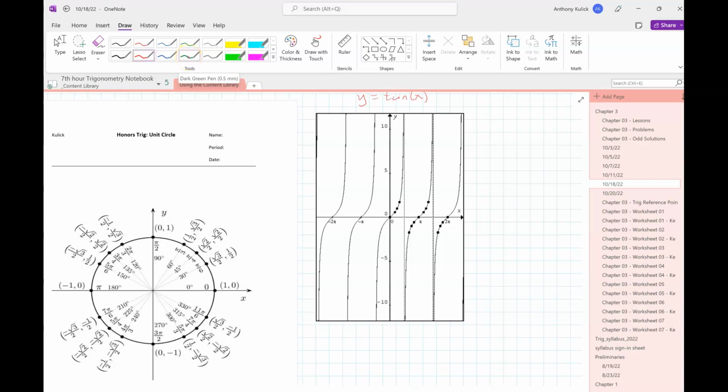So let's talk about this tangent function. What's the domain for this going to be? Remember, the domain for sine and cosine was all real numbers. But certainly that's not going to be the domain for tangent, because we have these asymptotes all over the place, right?